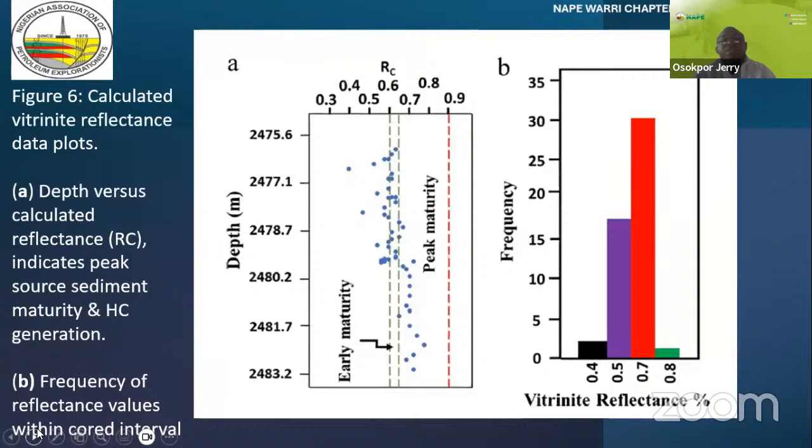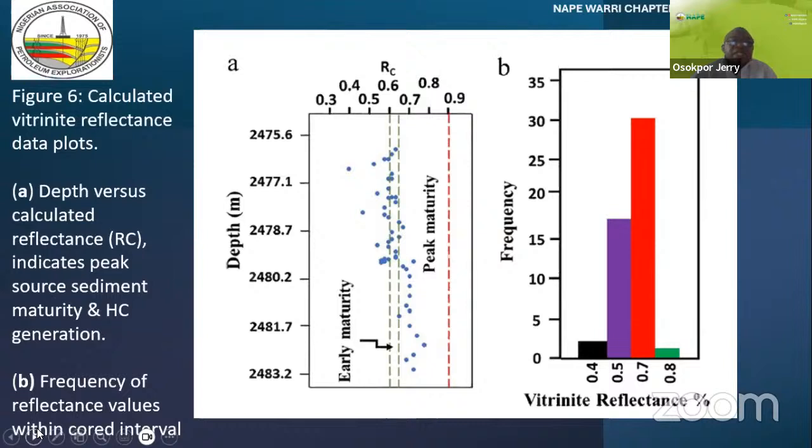This has been widely criticized by many authors, but it is still a very valid method for quick, rapid evaluation of source rock for basin evaluation. So we can see in diagram A, it's depth versus the calculated reflectance.